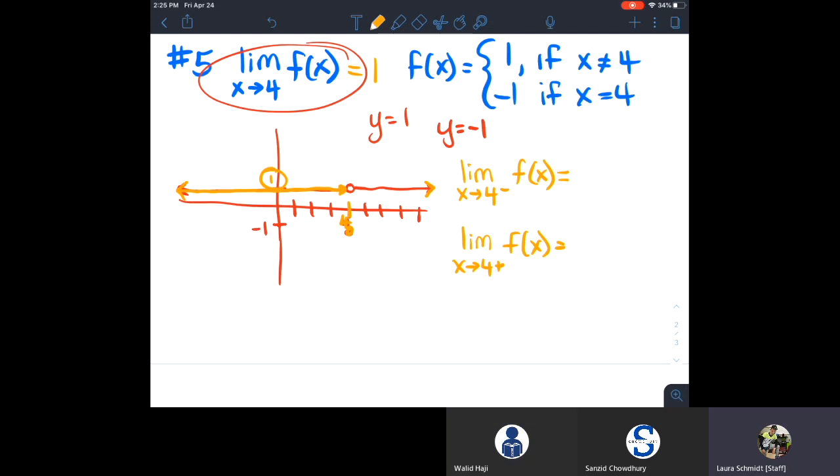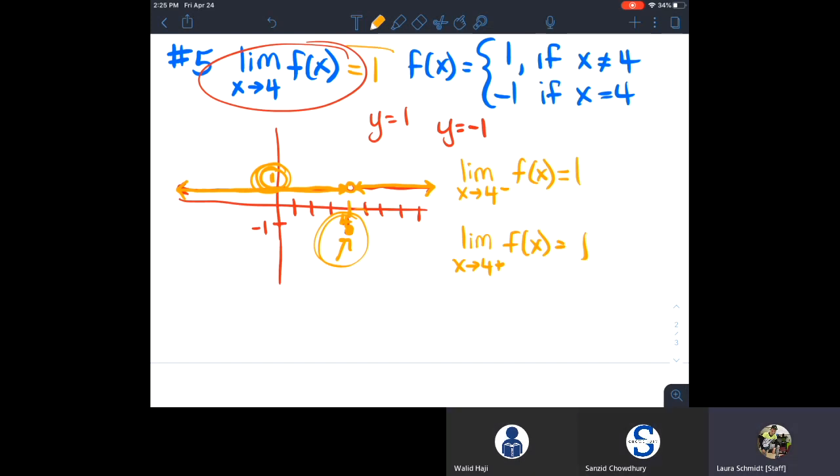And from the right hand side, you're also approaching 1. This random point right here, as you approach from the left and the right, you wouldn't start at that point. So even though there's an actual point there, that's not the limit. The limit is equal to 1 because that's what you approach from the left and right side.